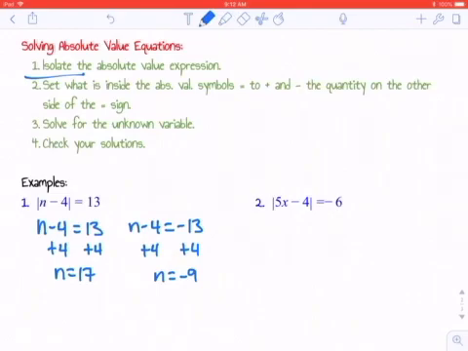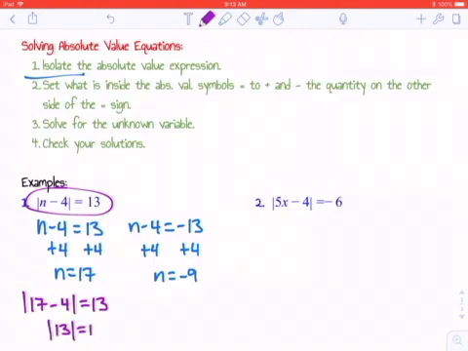But then we have to check our work, so I'm just going to use a different color to plug it back in. You always want to plug it back into the original problem. So the absolute value of 17 minus 4 is equal to 13, and you're checking to see that that is true. So that gives us the absolute value of 13 is equal to 13, and yes, that is indeed true.